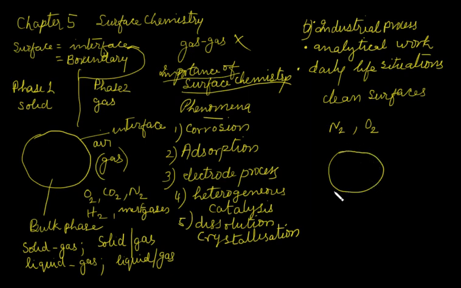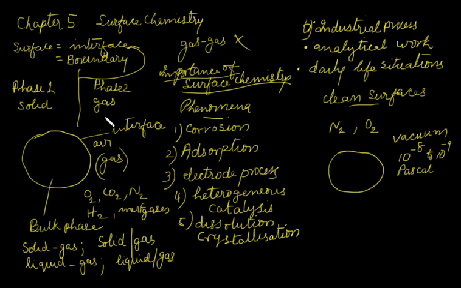So, in order to get such perfectly clean surfaces, these substances which are under study are stored in vacuum of the order 10 raised to minus 8 to 10 raised to minus 9 Pascal. This is high vacuum and the pressure is very low. The possibility of these substances settling on this becomes very much reduced. So, we can get meticulously clean or ultra clean surfaces by this.